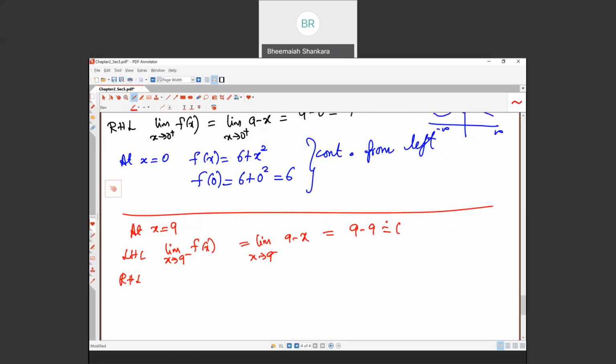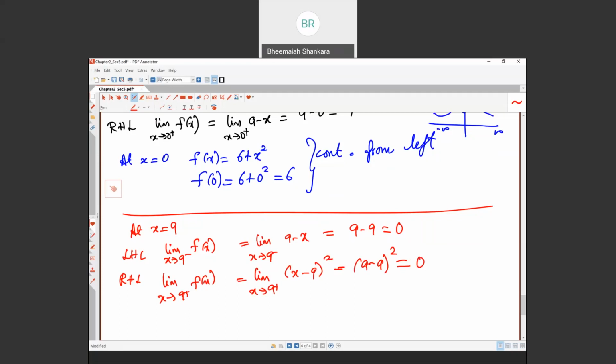Next, limit x approaching 9 plus, f of x. Read the function carefully, it's the other way around, it's x minus 9 squared. For all x greater than 9, the function is x minus 9 squared. Plug in x equal to 9, you see the limit value is 0.